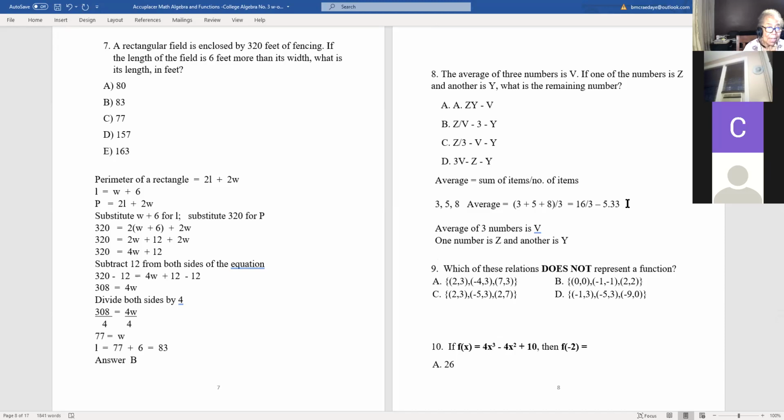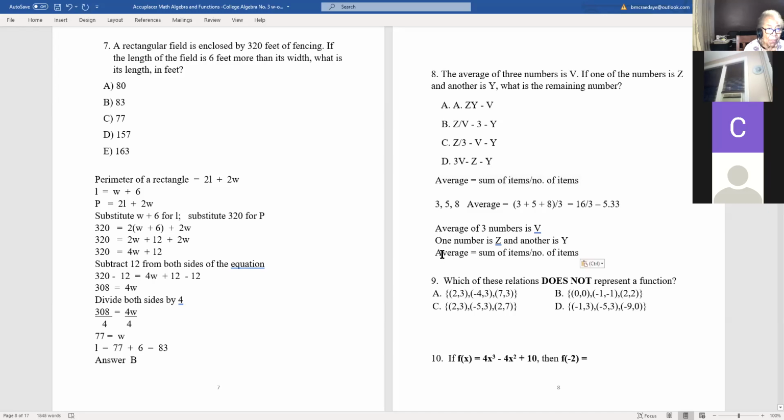Now, how would I write this the way I wrote here? Average is the sum of the numbers divided by the number of items, right? How would I write the average using V, Z, and Y? In other words, I want you to take this and substitute in what was given to you in this problem.